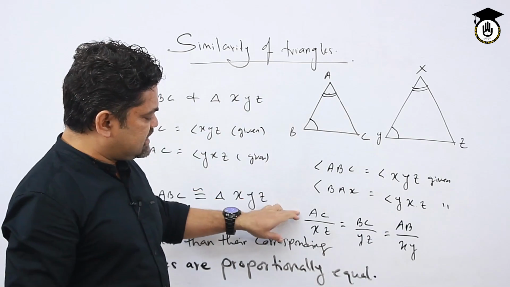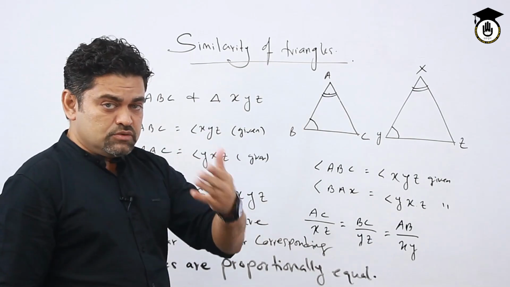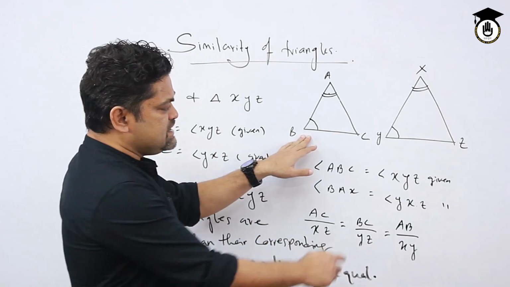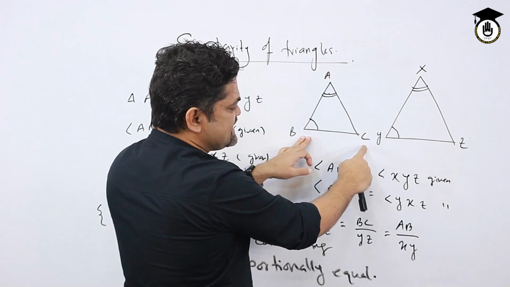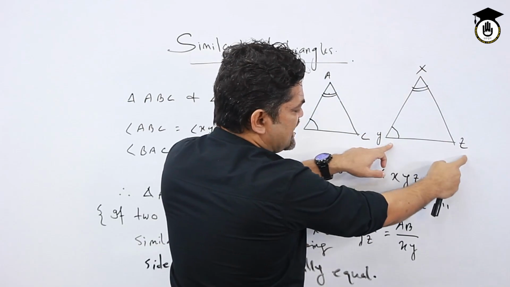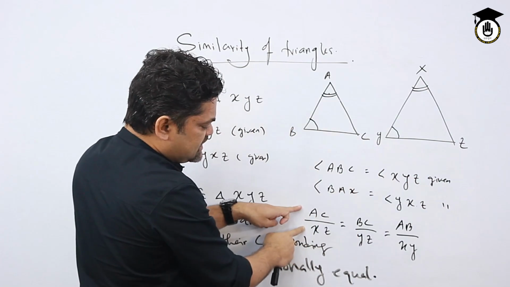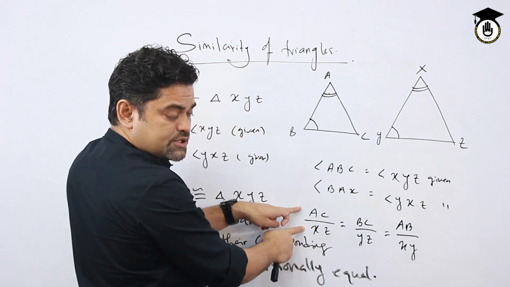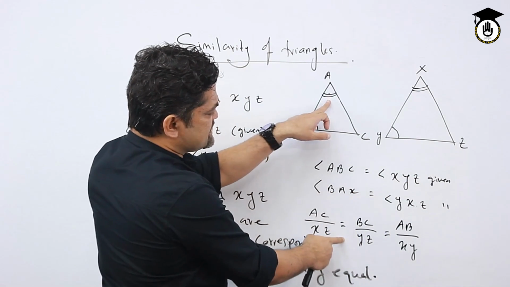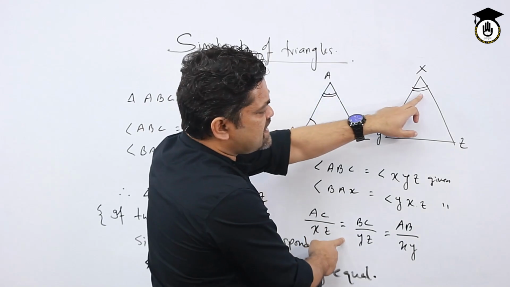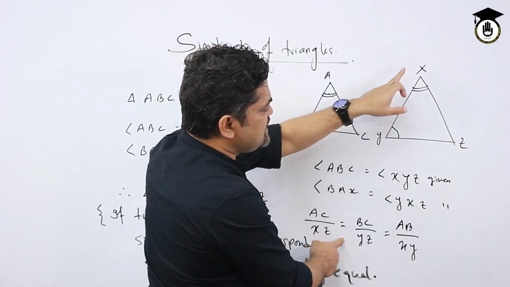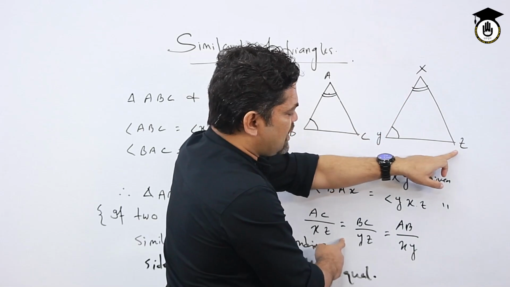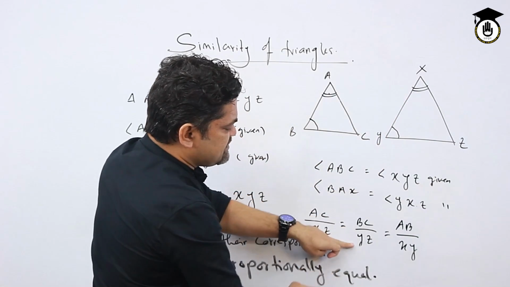To make it clear, if angle B is equal to angle Y, then for angle B the opposite side is AC, and for angle Y the opposite side is XZ. So you see these two sides are proportional. For the second angle, angle A is equal to angle X: for angle A the opposite side is BC, and for angle X the opposite side is YZ, so I have written BC by YZ.